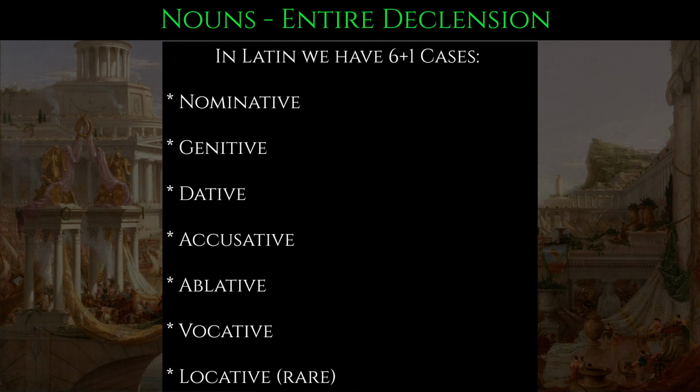We have the nominative, genitive, dative, accusative, ablative, and the vocative. Technically, there is a 7th case as well, the locative, but that is so rarely used and so niche that we honestly, for now at least, do not really need to bother with this.